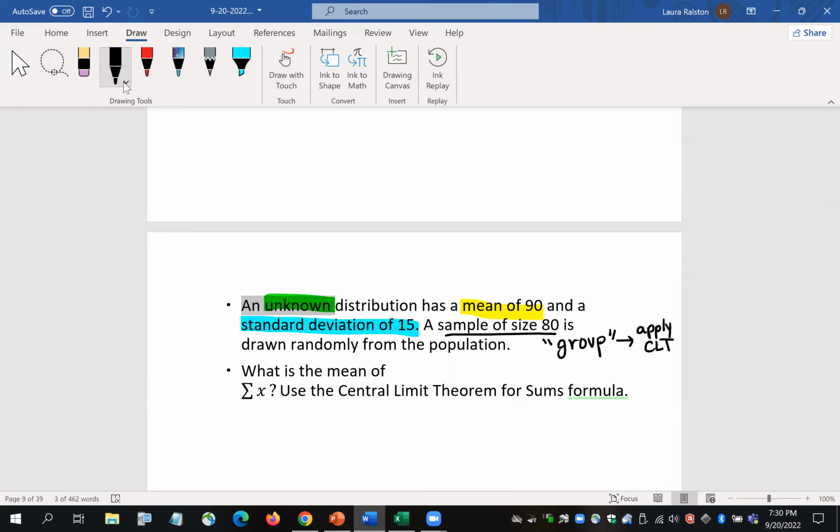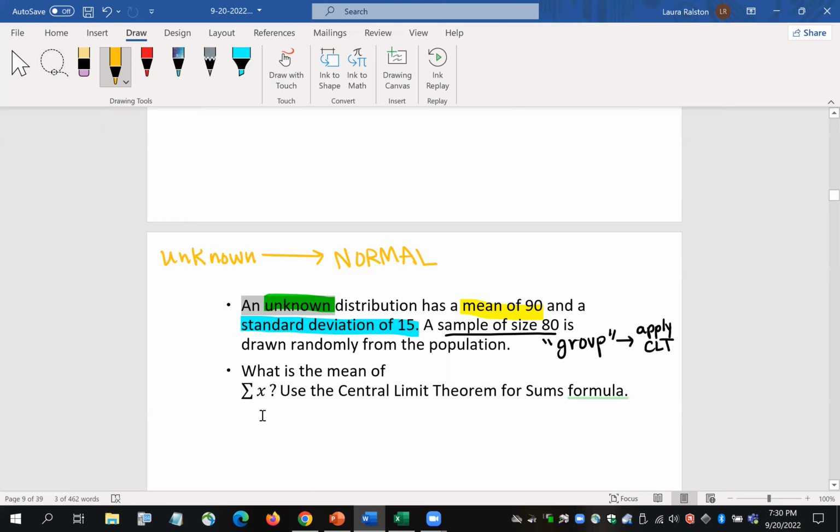When I apply that central limit theorem, the unknown distribution that I have is going to become normal. And I need to determine the mean for that normal distribution and the standard deviation for that normal distribution.